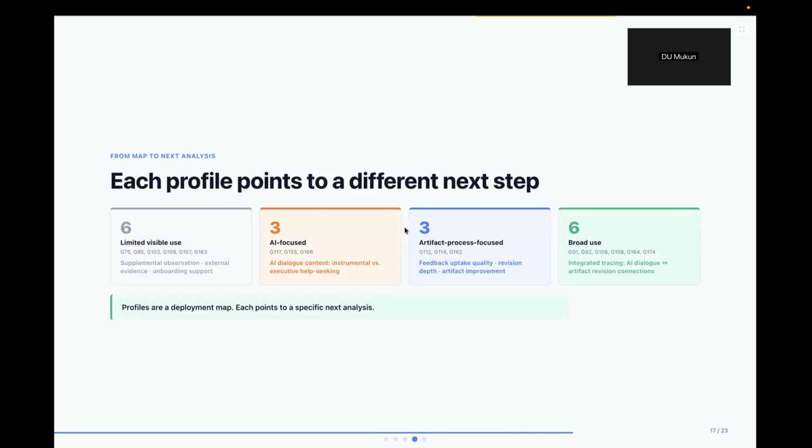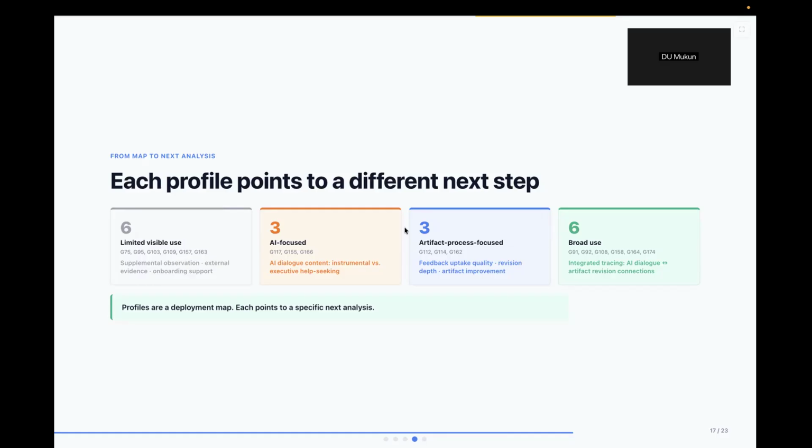And for the third one, artifact process focused, we may investigate their uploaded drafts and check the feedback update quality. How deep was the revision after every single suggestion, every single feedback, and what are the improvements of the artifact? And last but not least, it's the broad use.